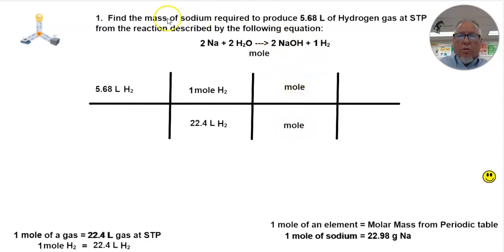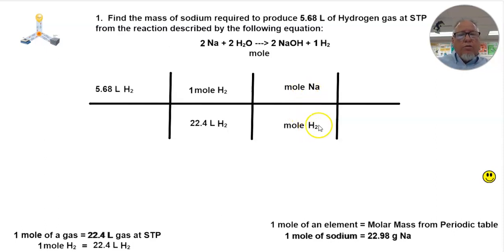And specifically, according to the way this problem is laid out, I'm trying to go from moles of hydrogen to moles of sodium. And I know that because, first of all, whatever the unit is here has to be down here. And then you look at where am I trying to go in this problem? I'm trying to go to sodium. This concept is not new. We've done this now on several assignments. So this is the mole to mole conversion.